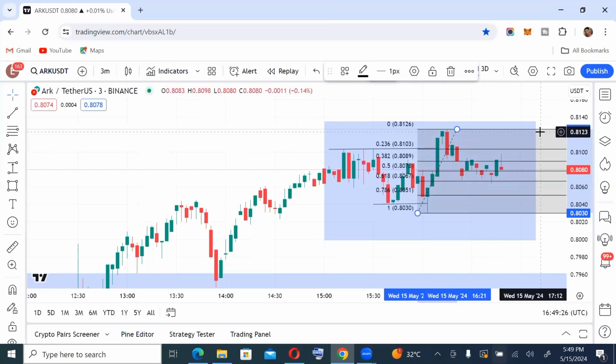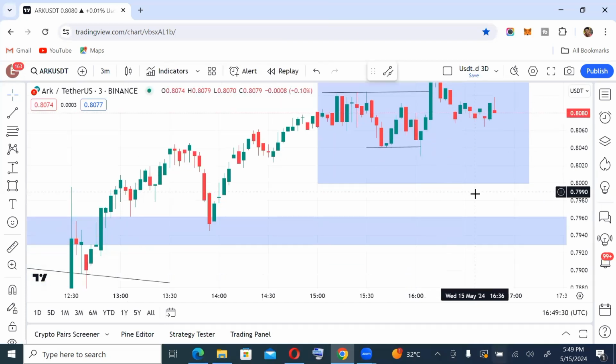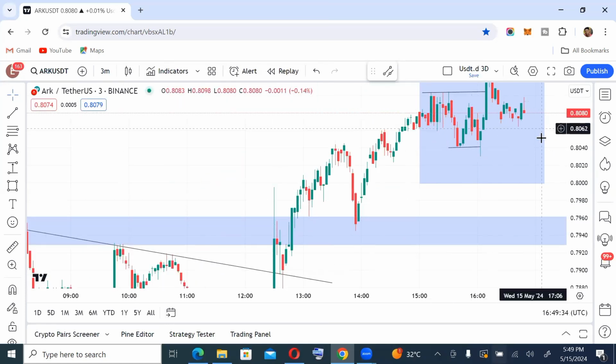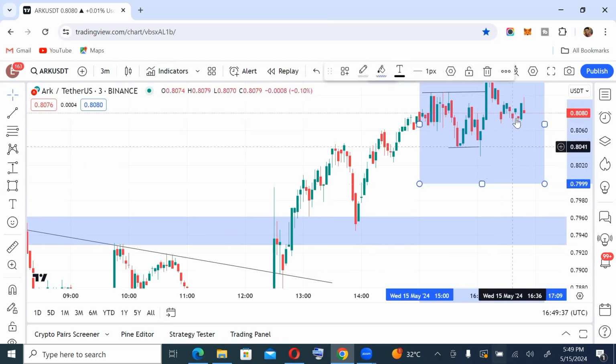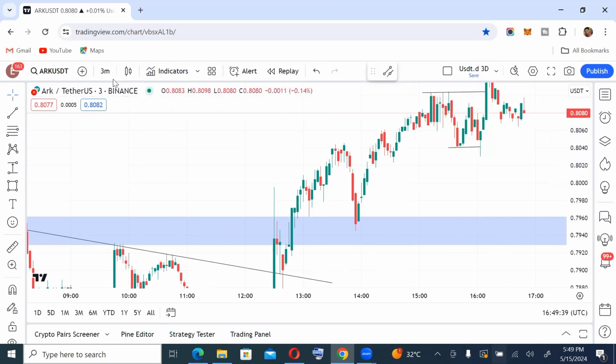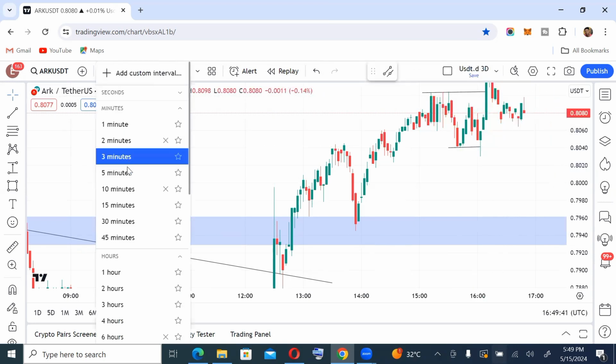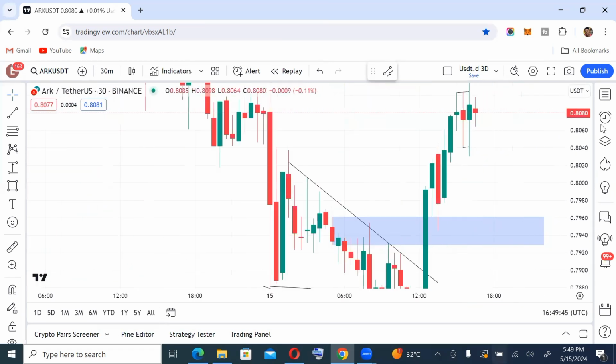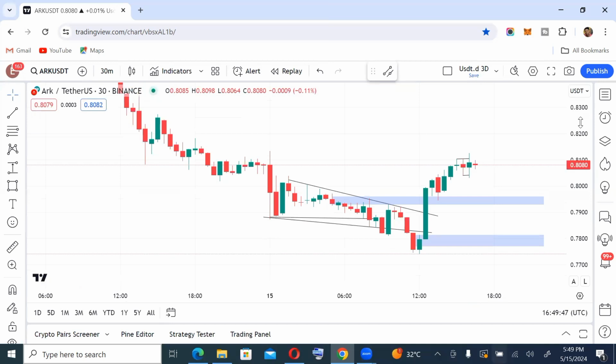If it doesn't, then there's a high propensity that it will move downwards, come back here, take orders from here before flying to the upside. So basically that's just how to trade. You see how we're able to start the setup from daily time frame or even weekly down to 5 minutes.